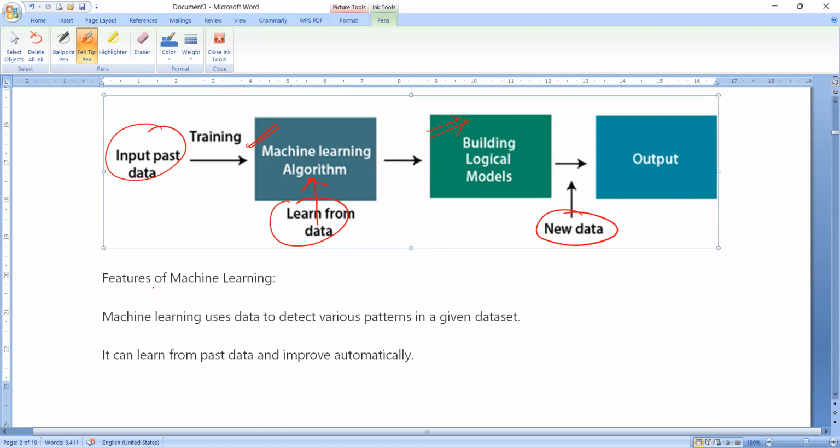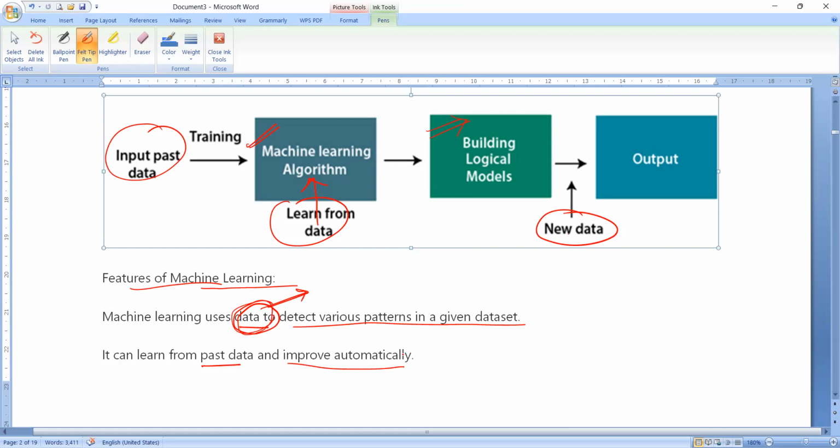Now we'll see the features of machine learning. Machine learning uses data to detect various patterns in a given data set. We are not explicitly writing any programs to get the exact or required output for machine learning applications. We are just collecting data regarding that problem and giving it to these generic algorithms, so it can learn from past data and improve automatically.